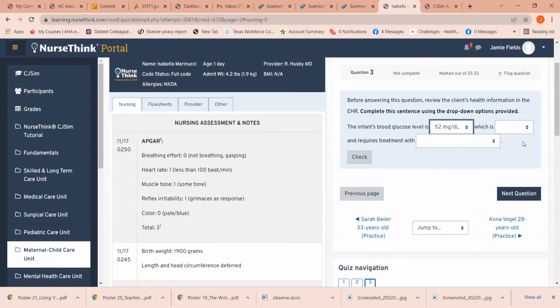Which is that low, adequate, or high? A blood glucose of 52 is high. Is that what we're going with? Okay. Requires treatment with, what are we going to treat with?